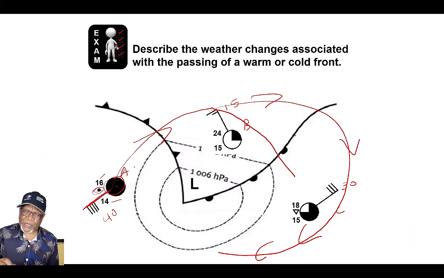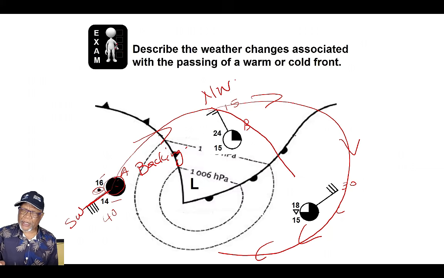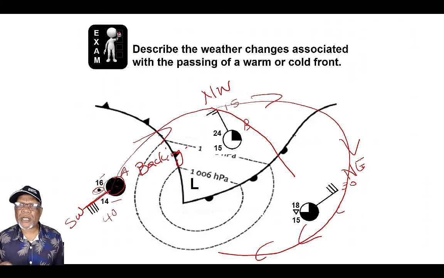We call this process backing. When the winds were coming from this direction here, then the winds came from this direction there, then the winds came from that direction there. So the process that you see happening here is called backing. It is the change in wind direction in the southern hemisphere.